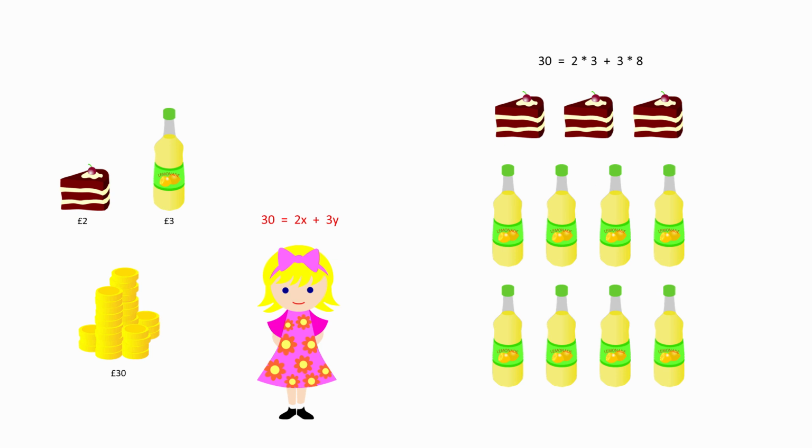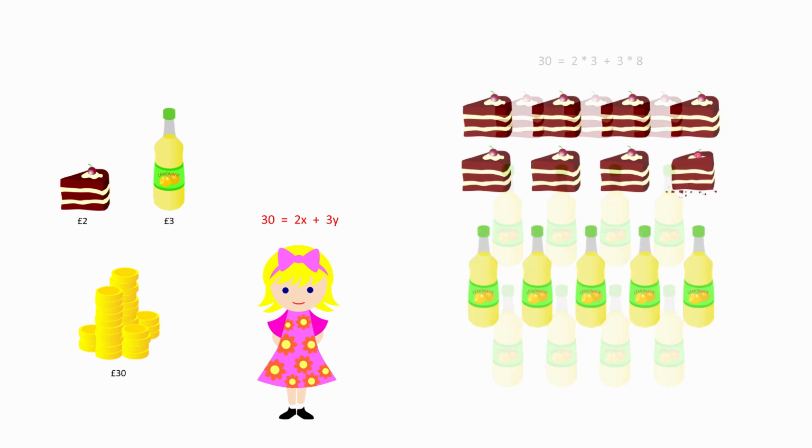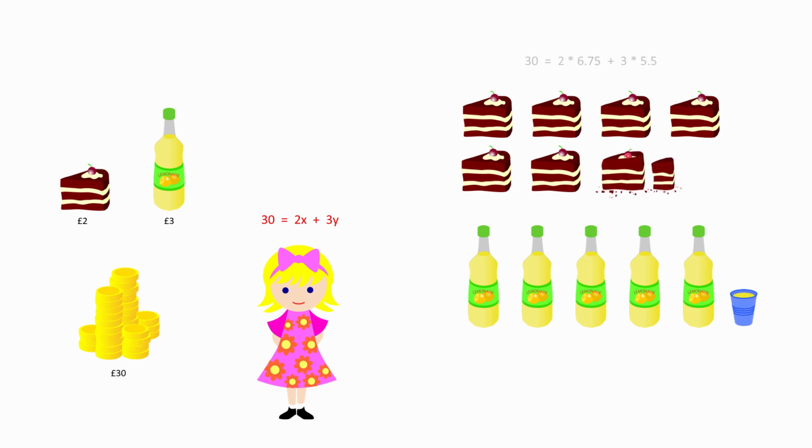In fact, if the shopkeeper is prepared to split a slice of cake, then she could spend half of her money on cake and half of it on lemonade. That's 7.5 slices of cake and 5 litres of lemonade. Furthermore, if he'll split a litre of lemonade, the possibilities suddenly become endless.